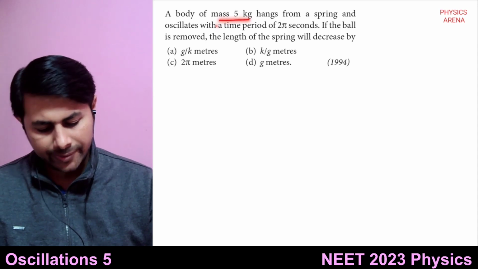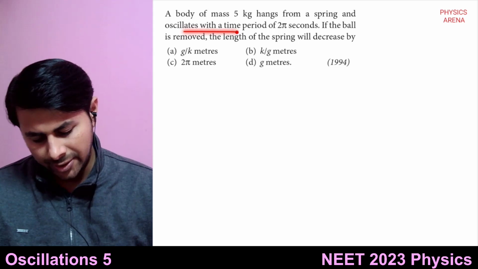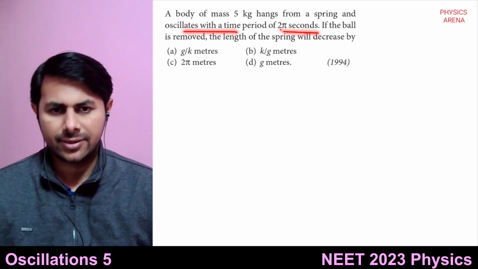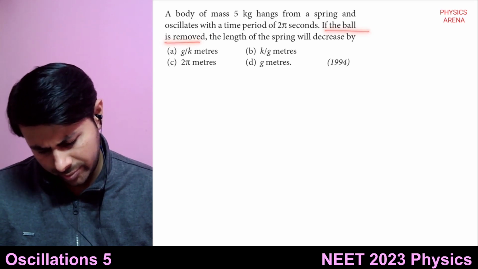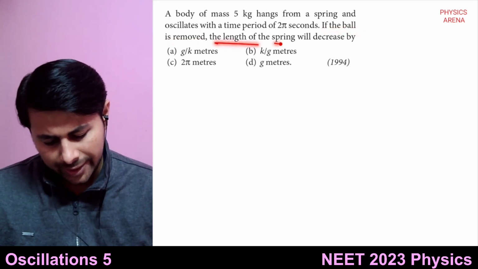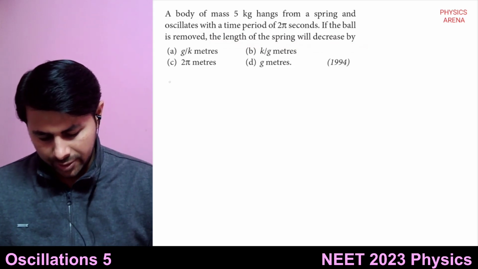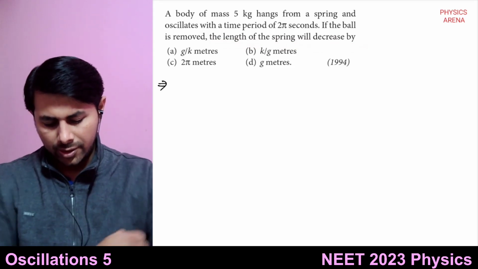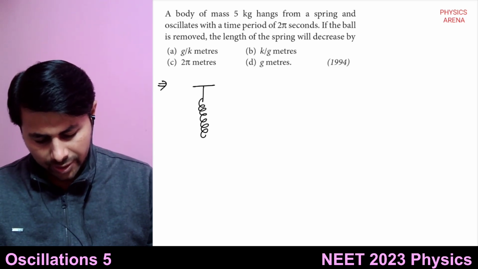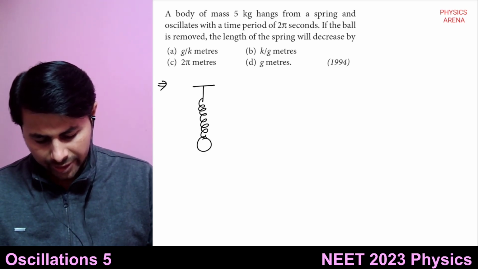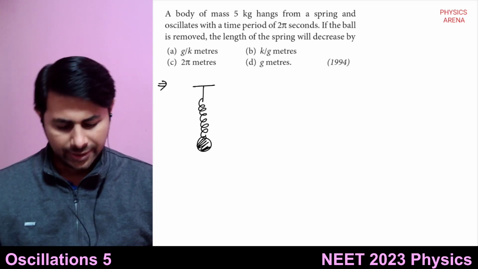The body of mass 5 kg hangs from a spring and oscillates with time period of 2 pi seconds. If the body is removed, the length of the spring will decrease by? So there is a body of mass 5 kg hanging from the spring, with time period of 2 pi seconds.